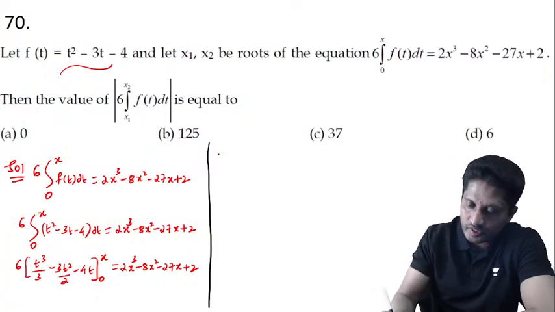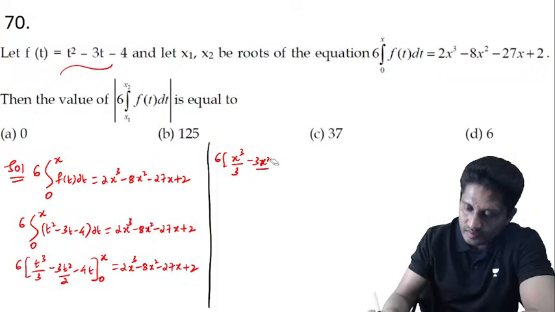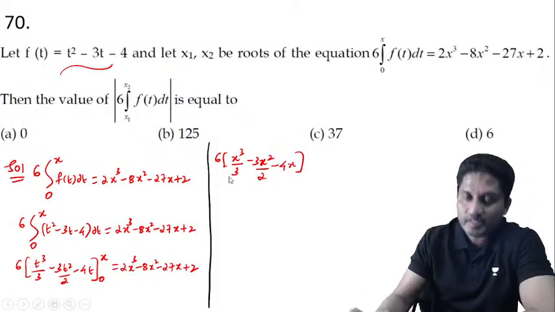Now if I substitute the upper limit, this is x cube by 3 minus 3 times x square by 2 minus 4x. This is the upper limit.